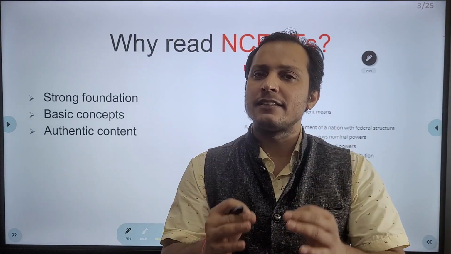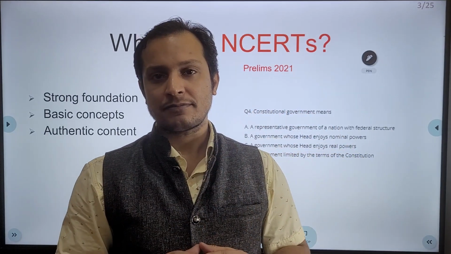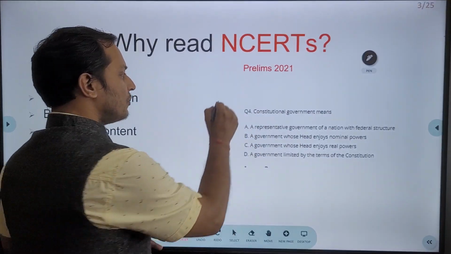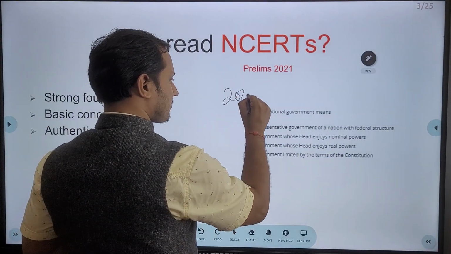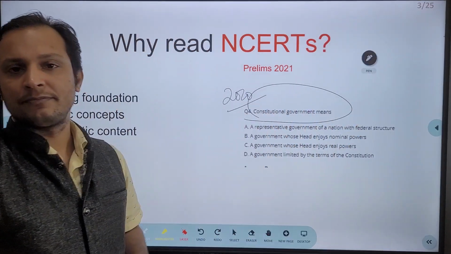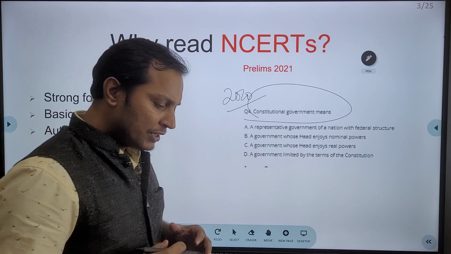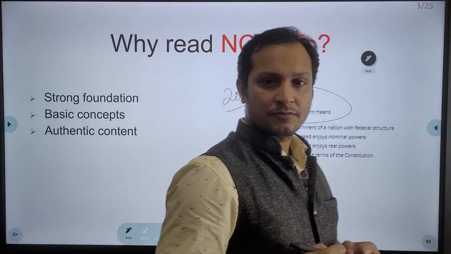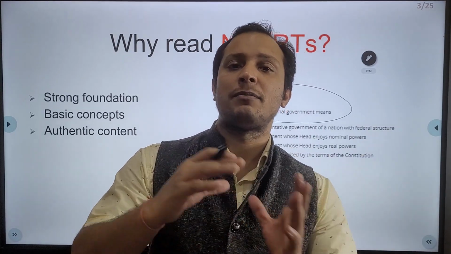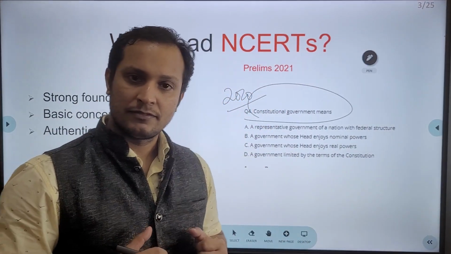Let me illustrate this with one of the examples. Let us see this question which has come in the year 2020. This question is on constitutional government. If you read Lakshmikant, Lakshmikant directly starts with what? The historical background of the Indian Constitution.